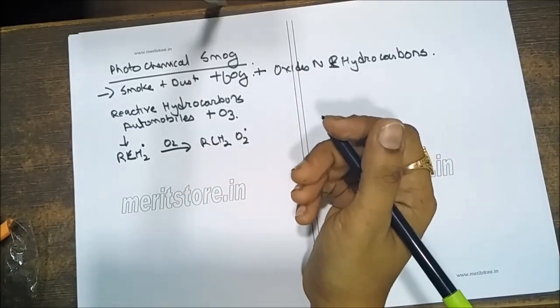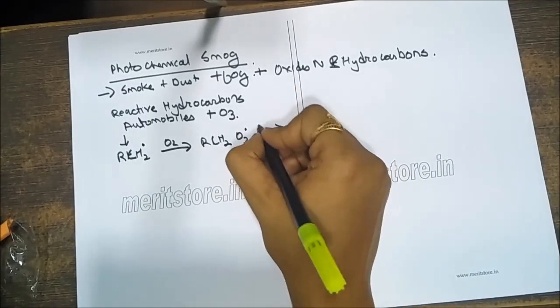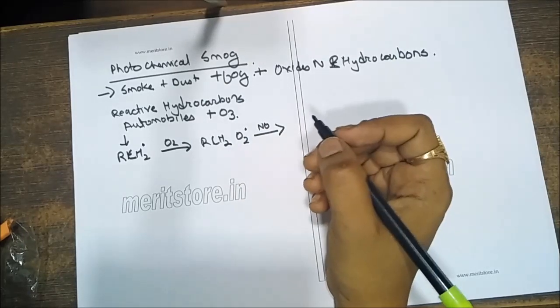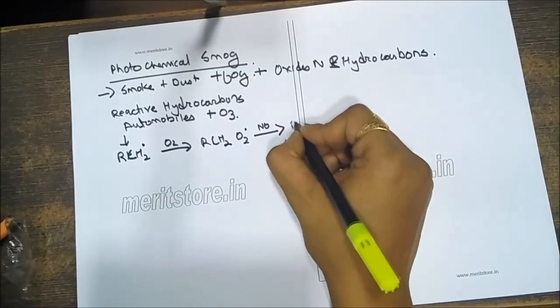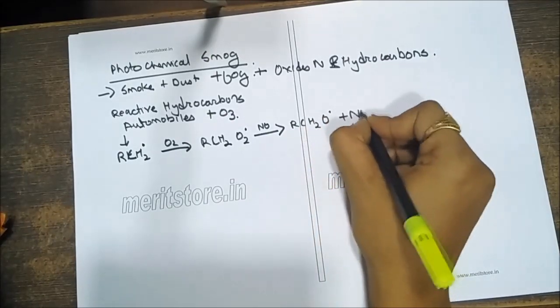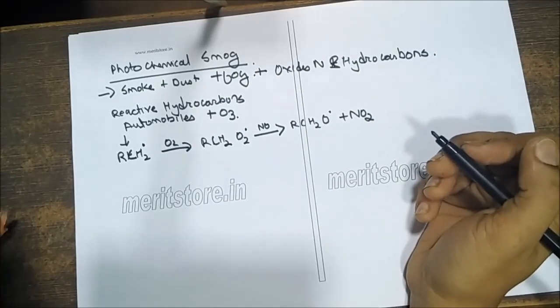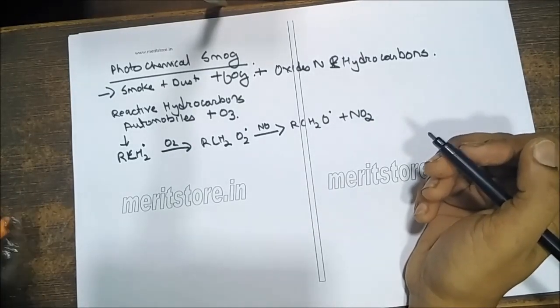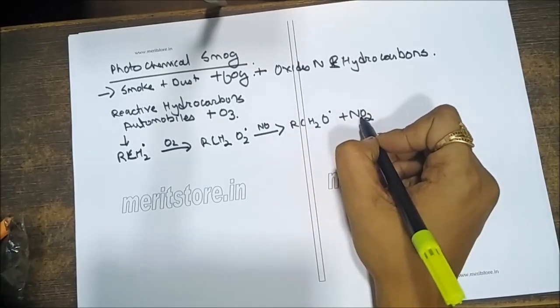Okay, this free radical in turn will react with nitric oxide present in the atmosphere to produce a third free radical, which would be RCH2O dot and NO2.